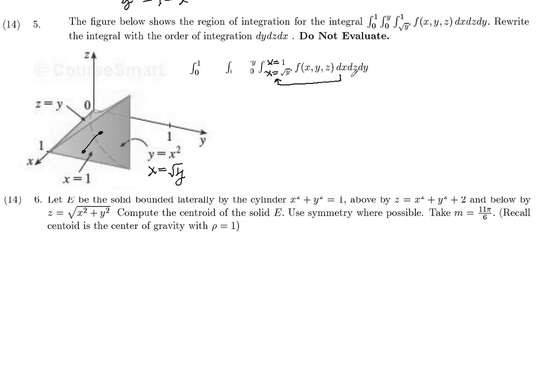And then next, we're looking at the z limits. So this is z equals 0 to z equals y. So remember, what you do is you take the three-dimensional solid and you project it down onto the plane of the two variables that are left after that inside integration.